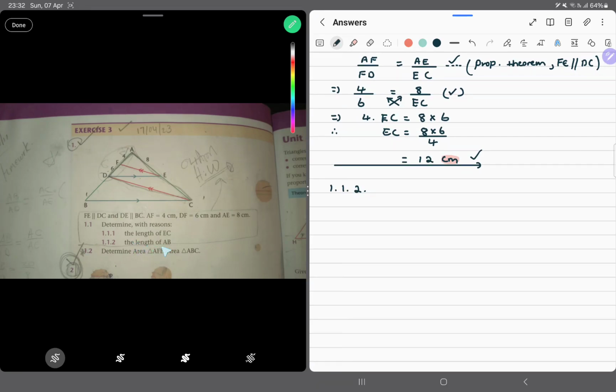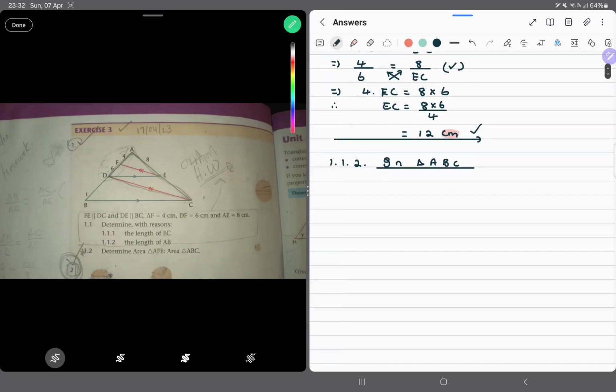1.1.2 says we need the length of AB. So AB is on which triangle? ABC. So that means we need to find stuff on triangle ABC. So in ABC, what do we see? We can see that, look, we don't know AB, but we know AD.